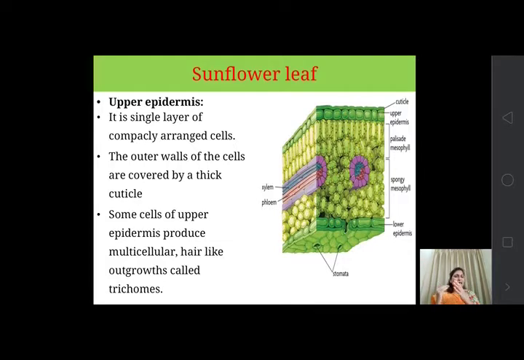As in case of root and stem, the epidermis is the outermost covering, and it makes a physical barrier between the inside tissue and the outside environment. So it must be compactly arranged, because it should not have any intercellular spaces in between.